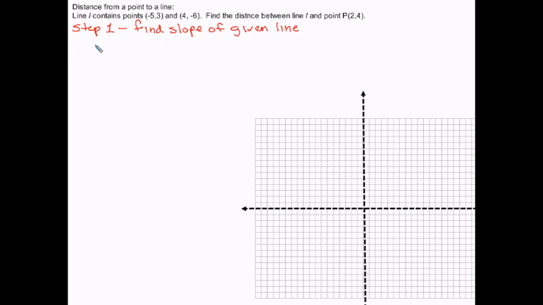And we can do this in two ways. The first way we can do it is with a picture. So we're going to actually plot the points. I have -5, 3, and then I have 4, -6.